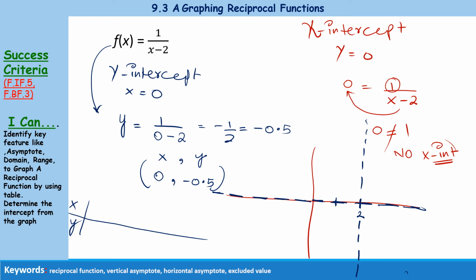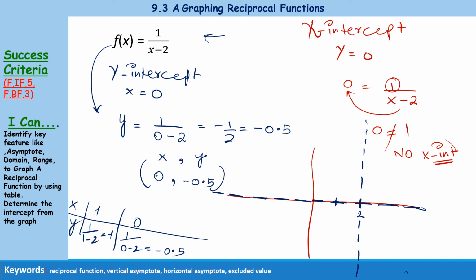On the left hand side, you have 1 and 0. Put 1 in the question: 1 over 1 minus 2 gives you negative 1. Now put 0 in the question: 1 over 0 minus 2 means negative 0.5.